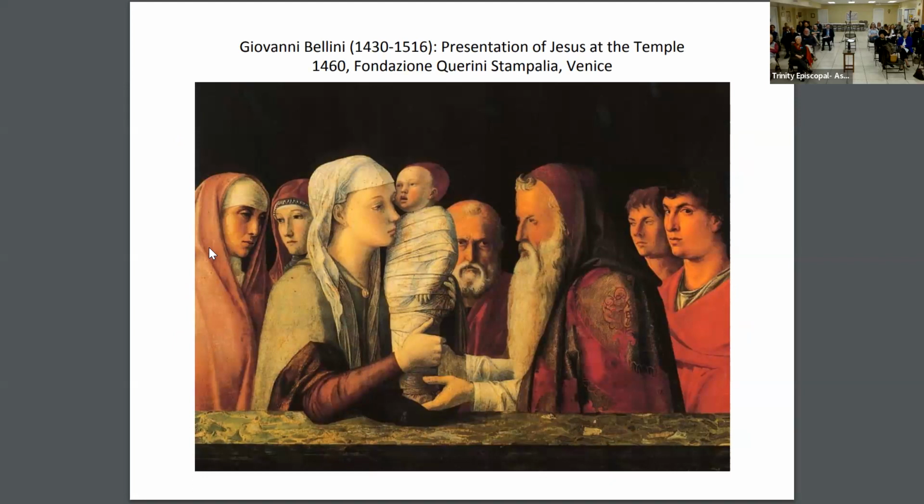Just the expressions here. This would be Simeon, and this would be Joseph, and not sure who the women are or these men. That would not be Mary Magdalene. She hasn't come on a picture yet. But even though she's in a red veil, I love just the expressions and the wrapping.